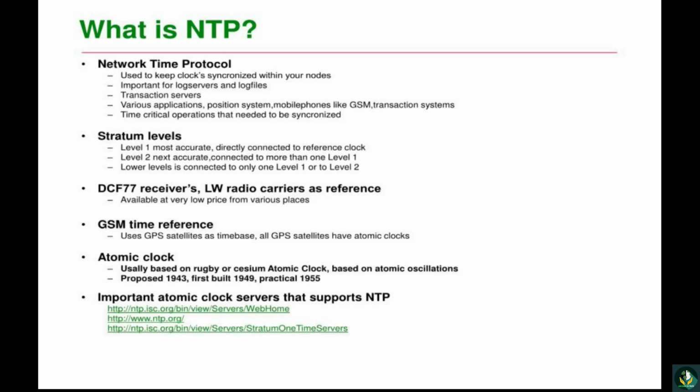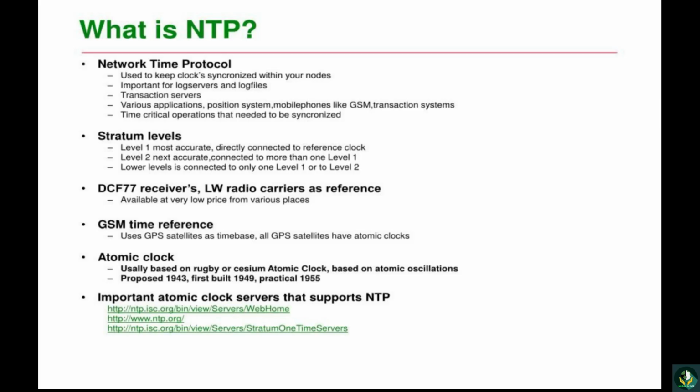Important for log files, transaction servers, various applications, positioning systems, mobile phones like GSM, transaction systems, and time-critical operations. The stratum levels are the ones I lectured about in the previous slide.